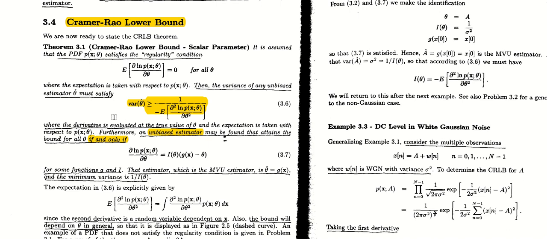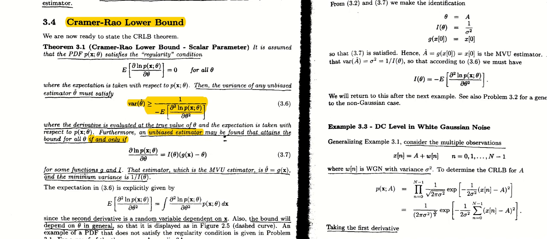Okay, so let me repeat one more time. The unbiased estimator will be found if you take the first order derivative and you can put that first order derivative into this kind of format, meaning you have a function of theta only and then g of x minus your theta.